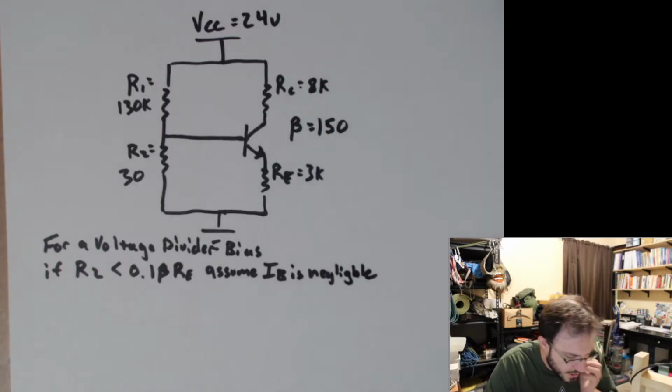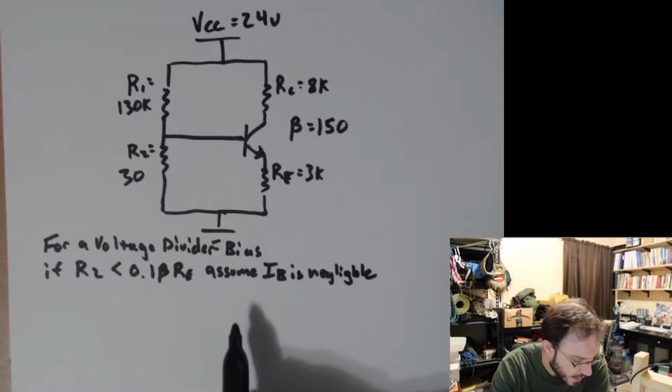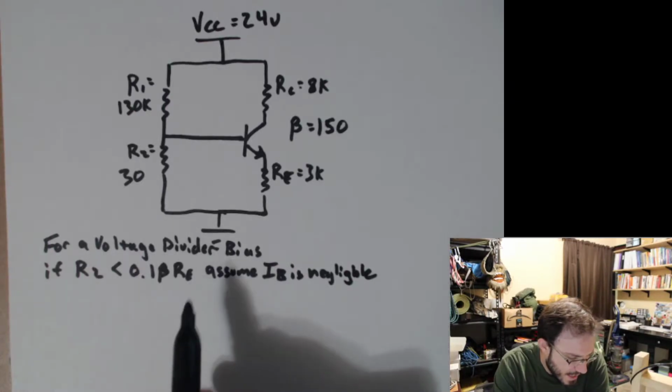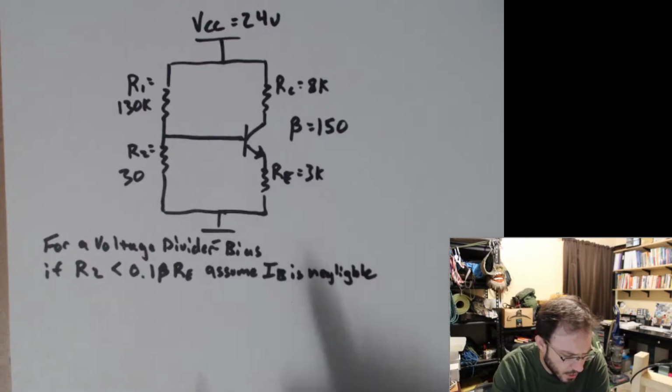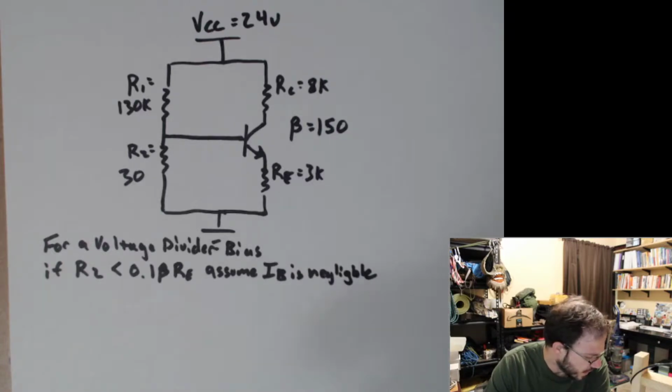And we made an assumption similar to this previously when we solved it. But in this case, we're going to actually use that for the sake of calculating our base current and our collector current and our emitter current over here.